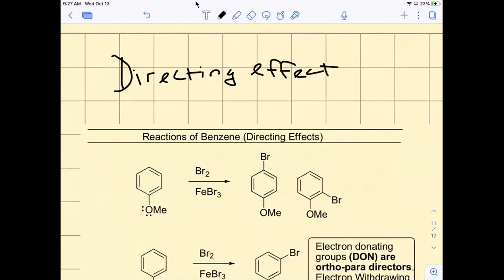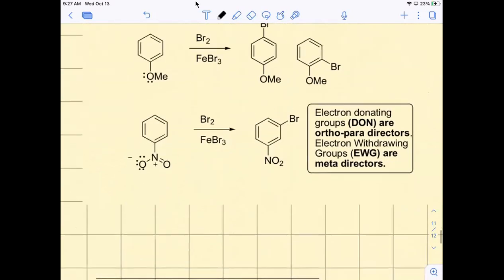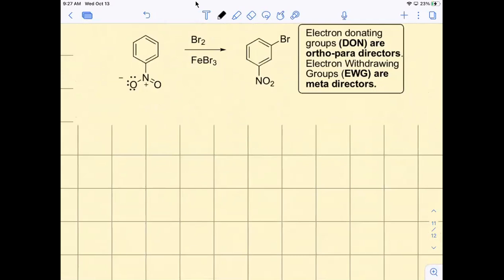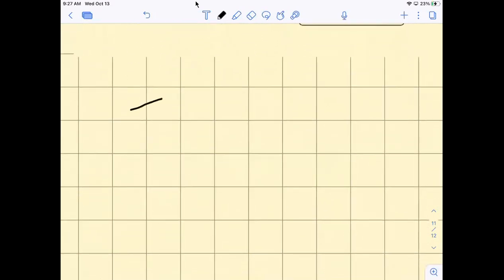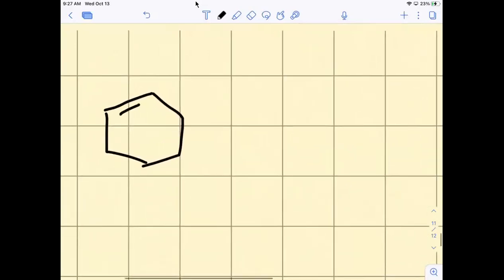So we're going to talk now about directing effects. And this pertains specifically to doing a reaction on an aromatic ring that's substituted. So before we talk about donating and accepting and all that stuff, let's talk about resonance on an aromatic system.